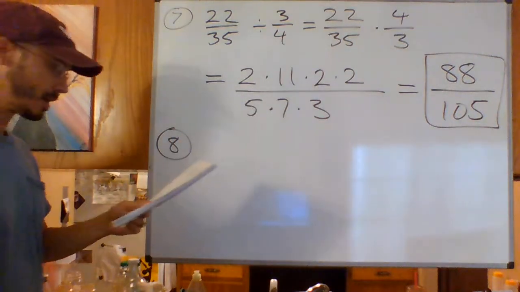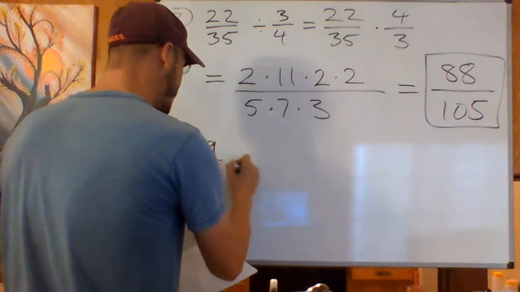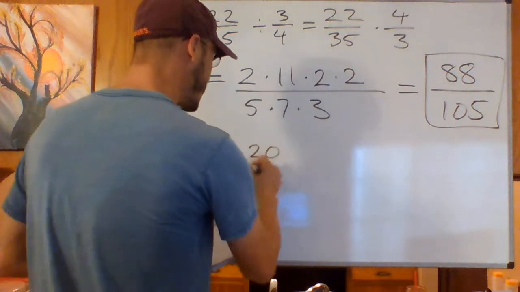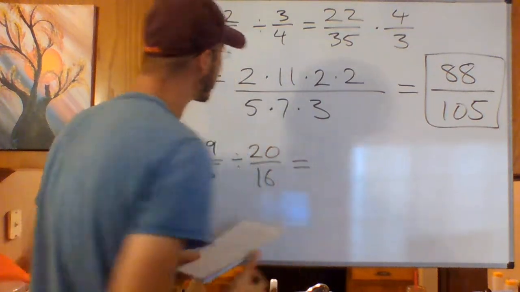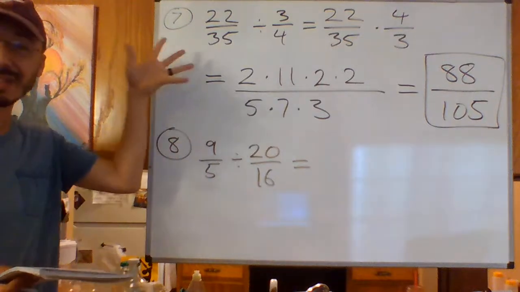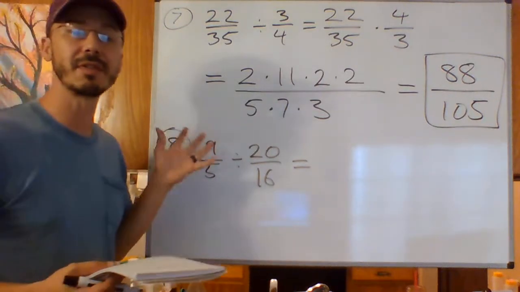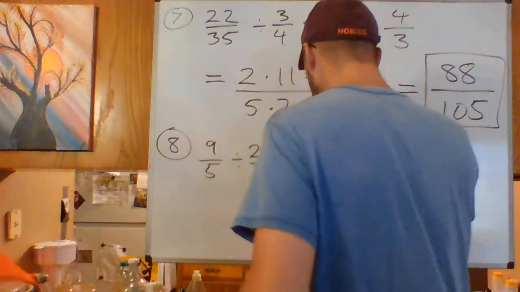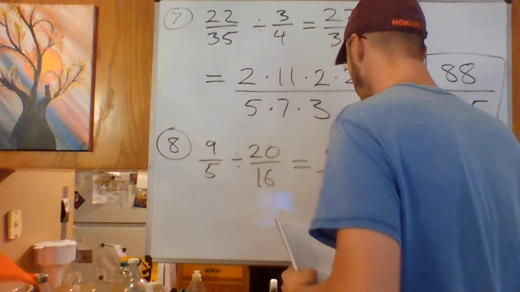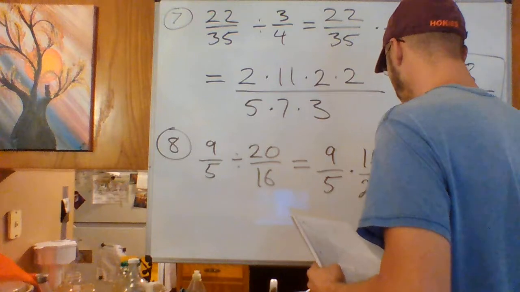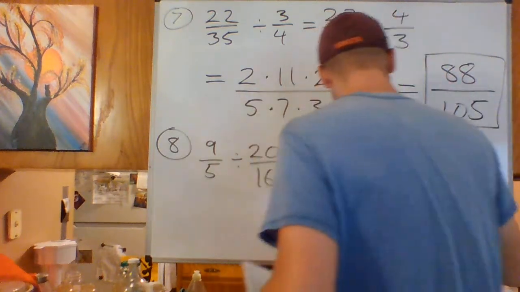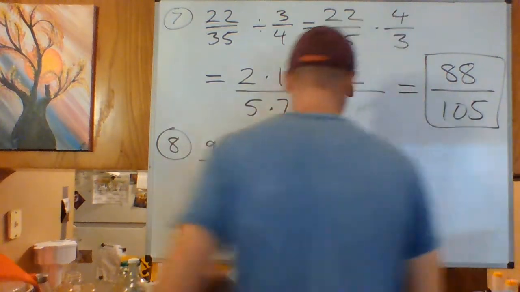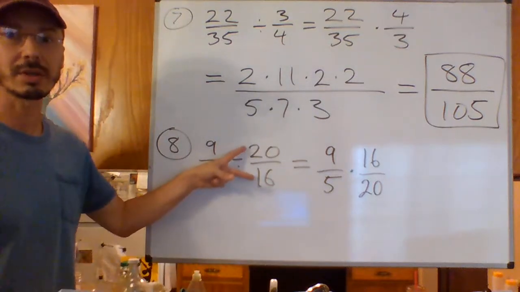Problem 8 has 9/5 divided by 20/16, and I'm doing several of these division problems, even though it's kind of repetitive, but different things come up in different situations. This one, again, I'm going to change it to a multiplication by using the reciprocal here, flip.